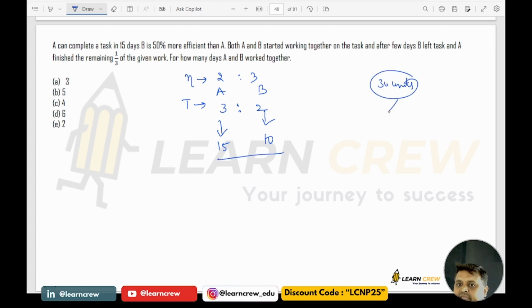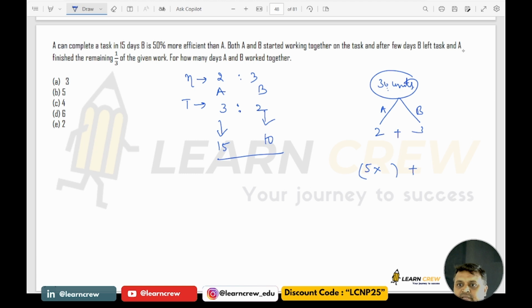In one day A can do 2 and B can do 3, which is the 2:3 we have written. A and B together started the work, and after a few days B left. Total work is 30, and together they do 5 per day.